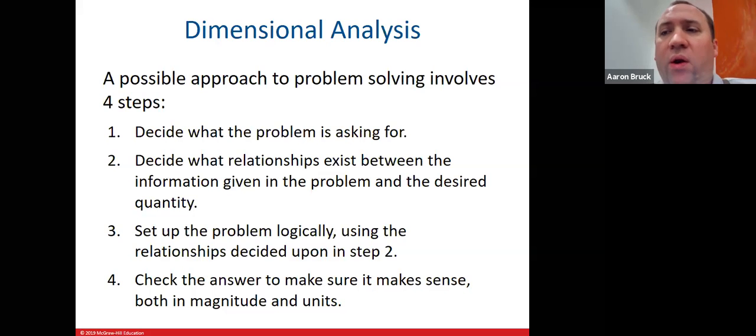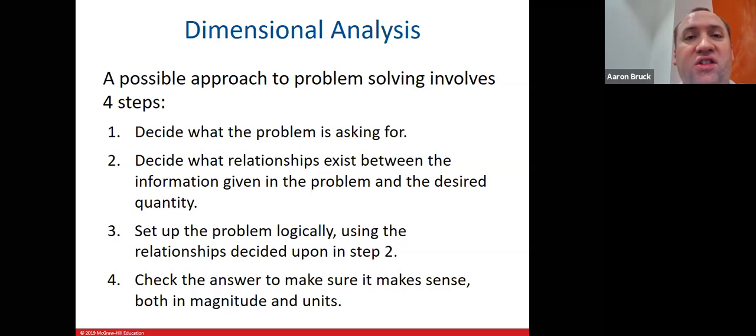So when we do dimensional analysis kinds of problems, there's an approach that we should look to take. First of all, we needed to figure out, what are we being asked to do? What conversions are we being asked to make? And once we know that, then we can start to look for ways to bridge the units together.